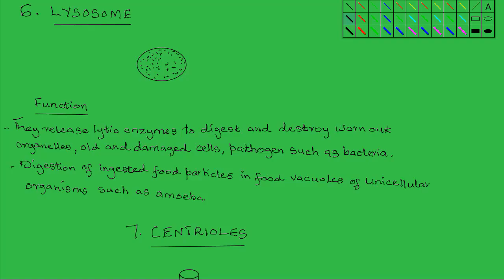Now, the sixth organelle is the lysosome. Lysosomes are small, dark and spherical shaped organelles bound by a single membrane. So this is a lysosome.